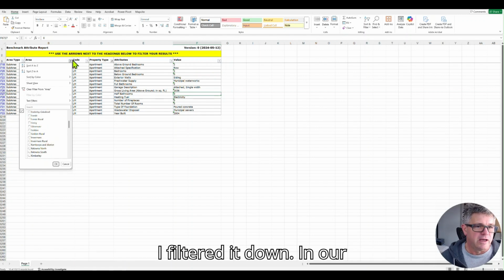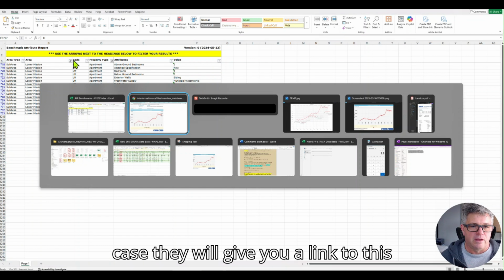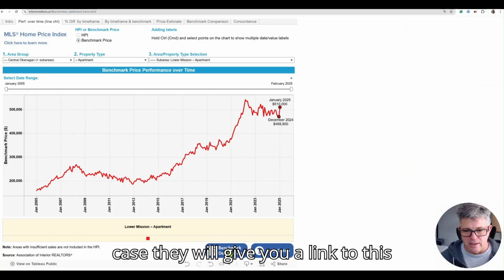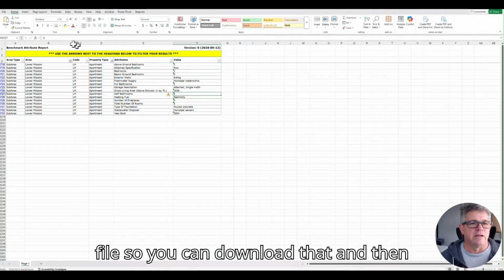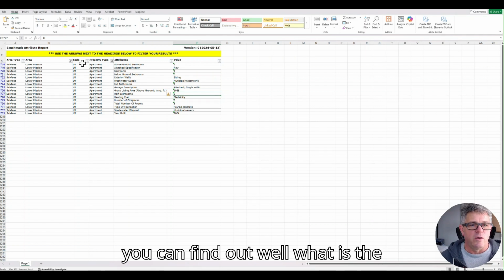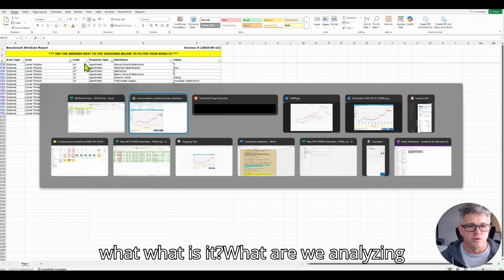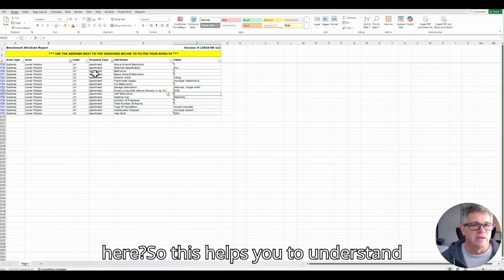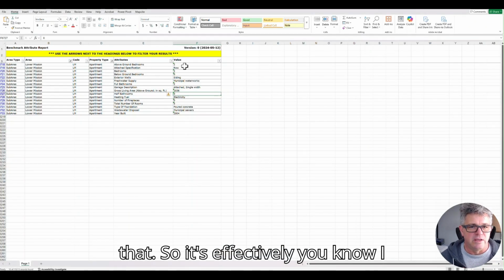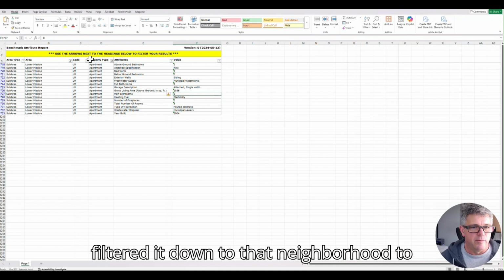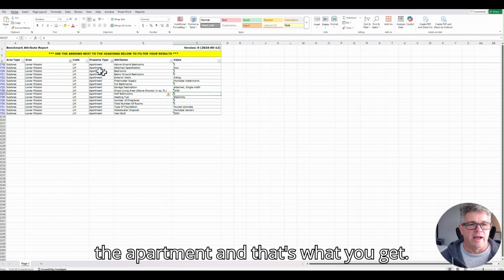I've filtered it down. They will give you a link to this file, so you can download that, and then you can find out what the benchmark building is, what we are analyzing here. So this helps you to understand that. I filtered it down to that neighborhood, to the apartment, and that's what you get.